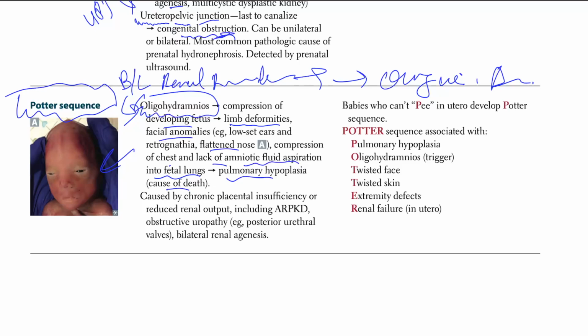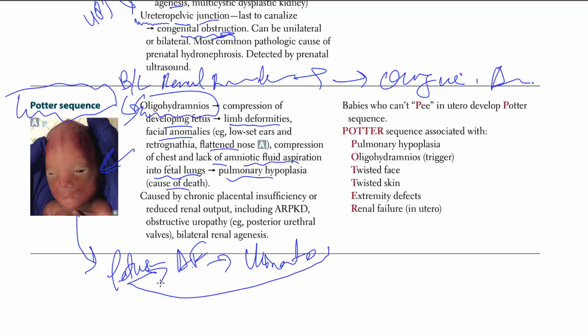So, why do we need that? So remember, the fetus swallows amniotic fluid and then urinates that out, and then again swallows that, and then again urinates that out. And through all of this process, we are maturing the lungs.